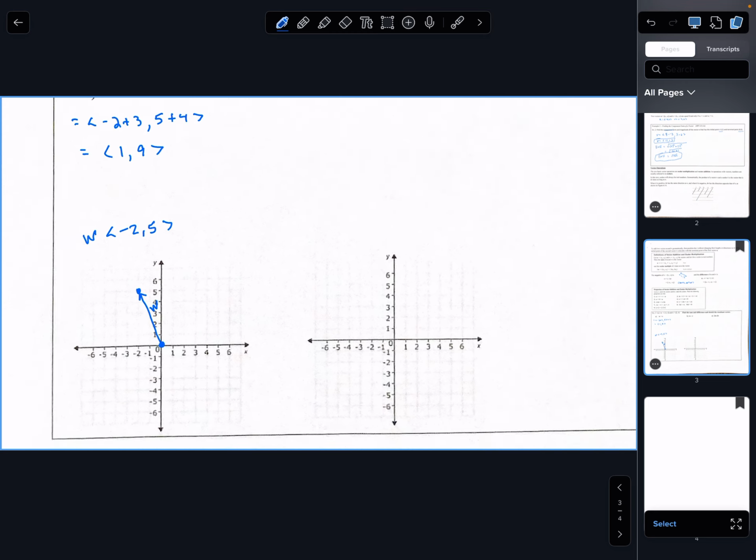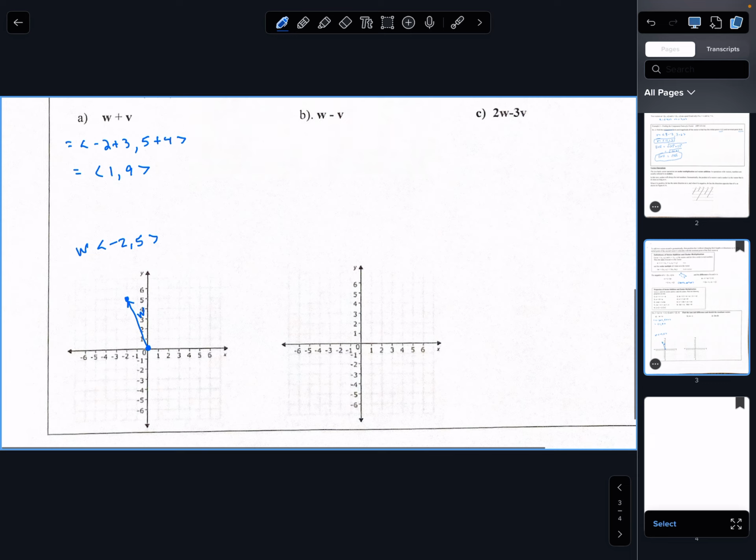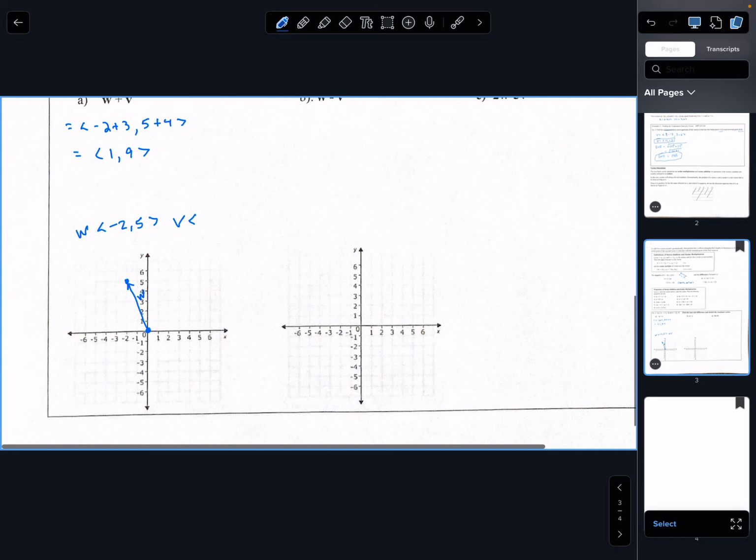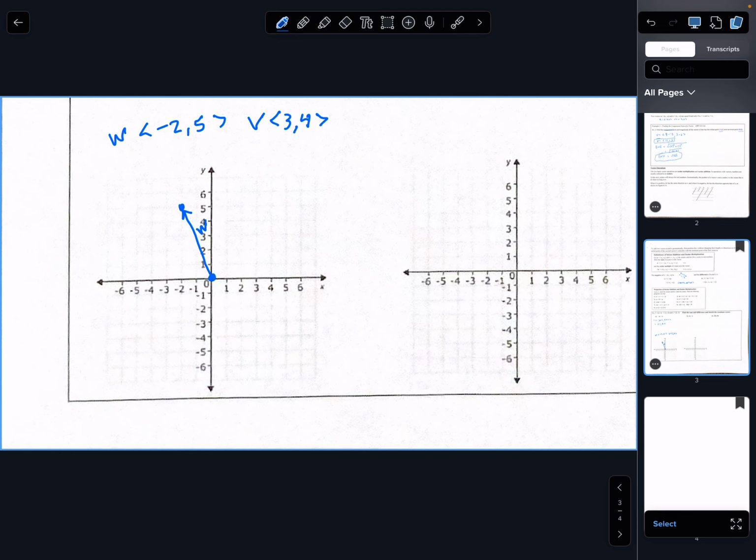And then I am going to add V, and vector V is 3, 4. We are going to just go right from where we ended, and we are going to go to the right 1, 2, 3, and up 1, 2, 3, 4.